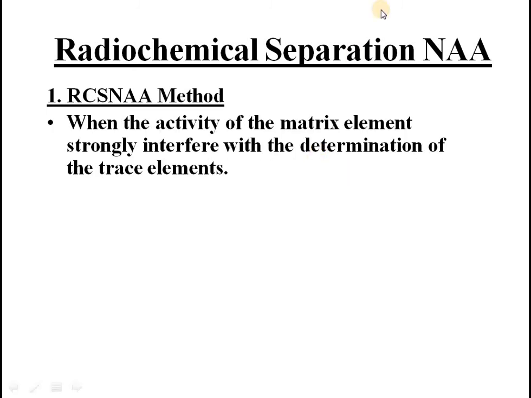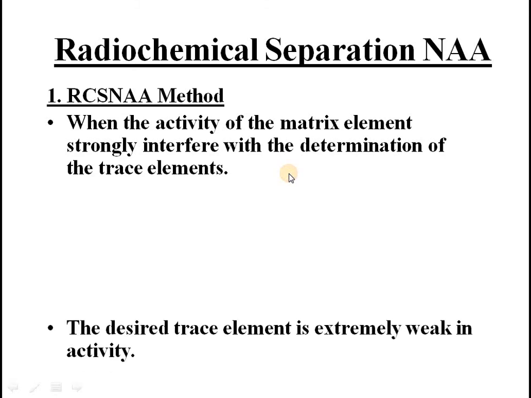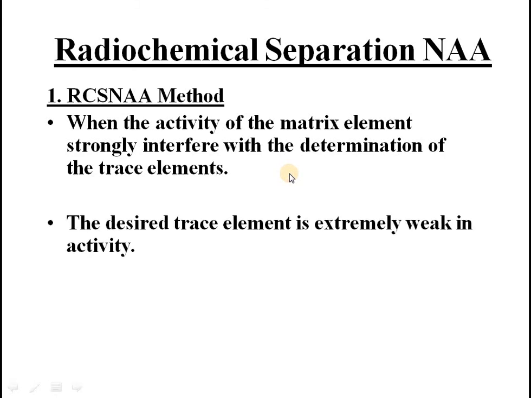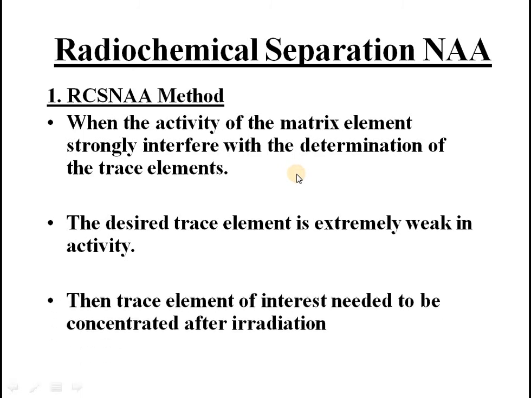So okay, when the activity of the matrix strongly interferes with the determination of the trace element, we prefer RCS. Here the desired trace element is extremely weak in activity, then we prefer this method, and the trace element of interest needs to be concentrated after radiation.